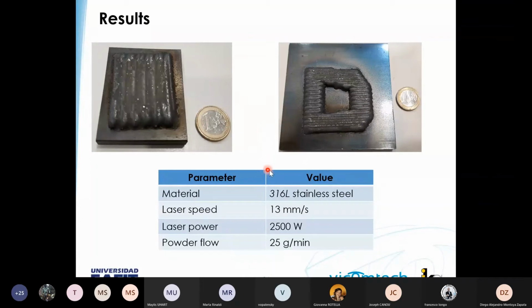And here we use 316L stainless steel for the physical experiments. And those right here are some parameters of the experiment: the laser speed, laser power, and the powder flow rate.